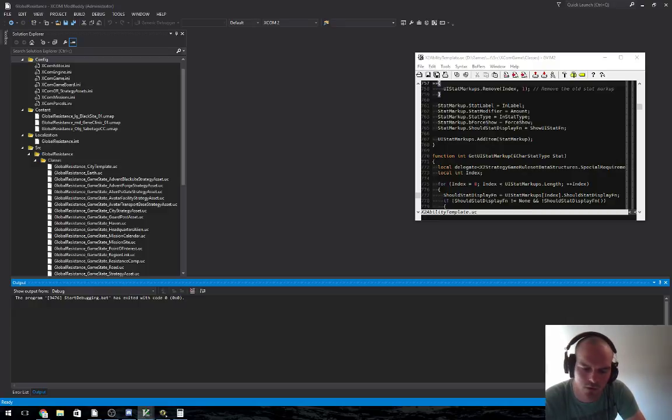We end up with a structure name, we grab the structure def, which will equal get structure definition, structure name, and then we add that to inventory capacity.